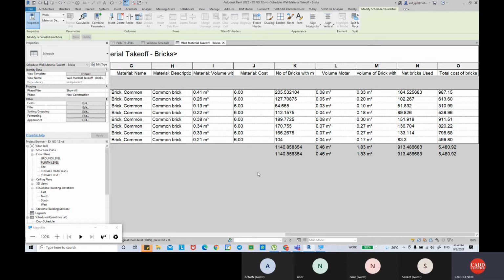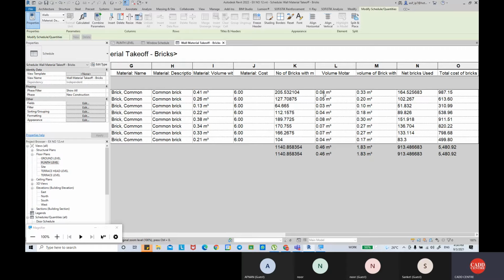What we can also extract from here is the quantity of cement that is going to be used, the number of bags of cement. For the number of bags of cement, we should know the volume of mortar. So let's say that we know the volume of mortar.